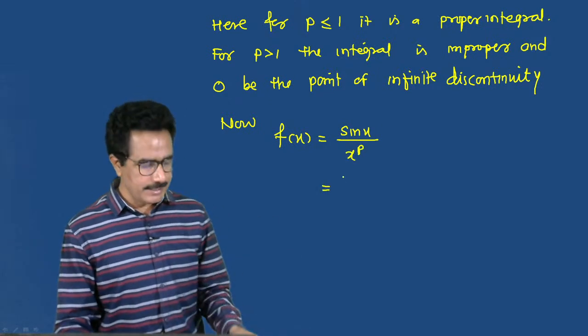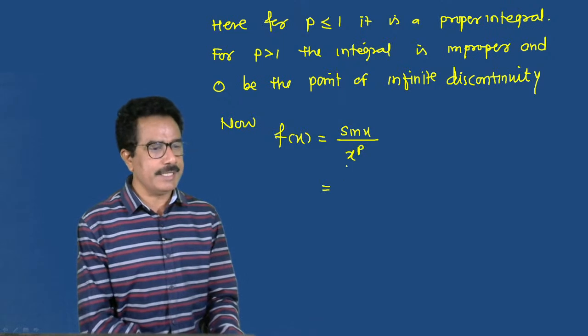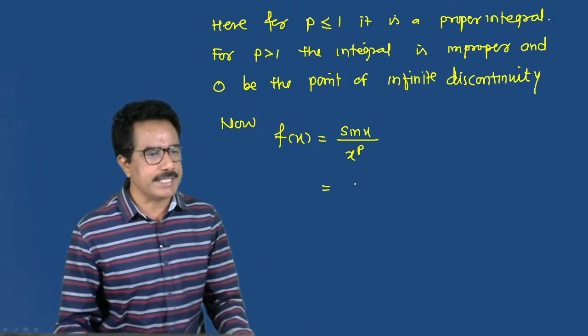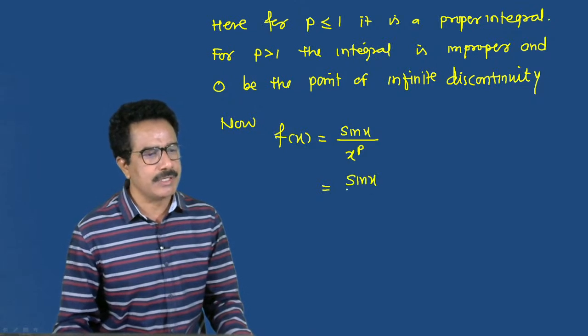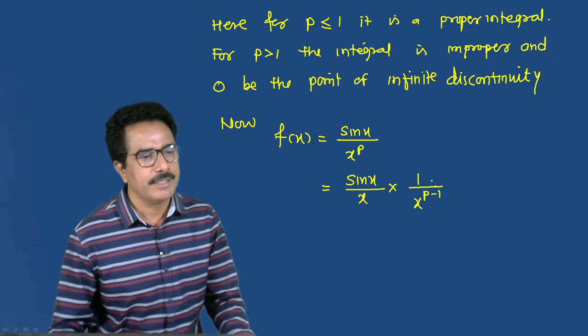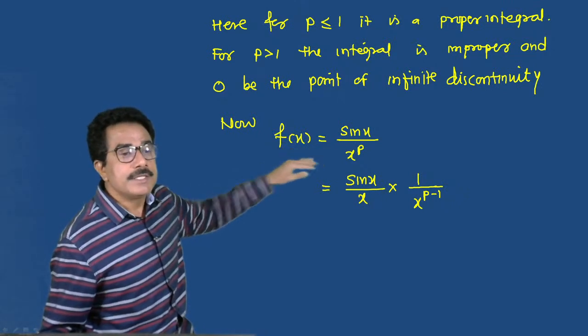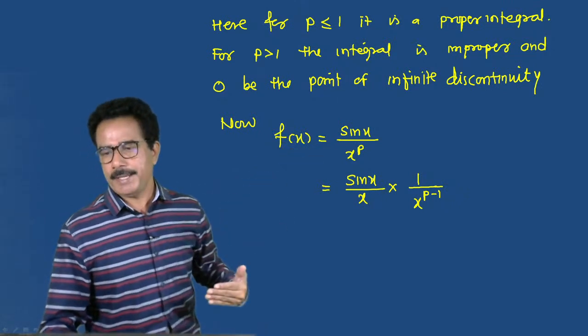We have to separate this. How will we separate this, students? We can write this as sin x divided by x, into 1 upon x raised to p minus 1. See this, we have taken x separate from x raised to p.